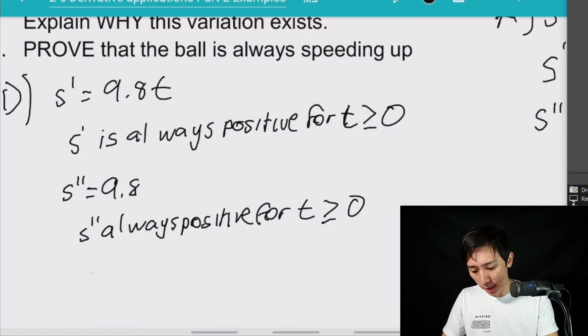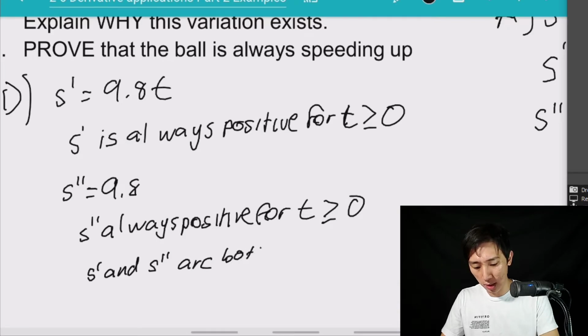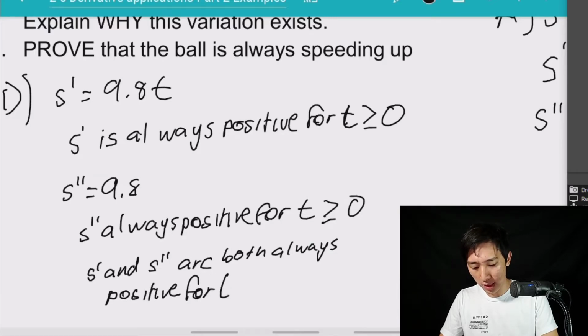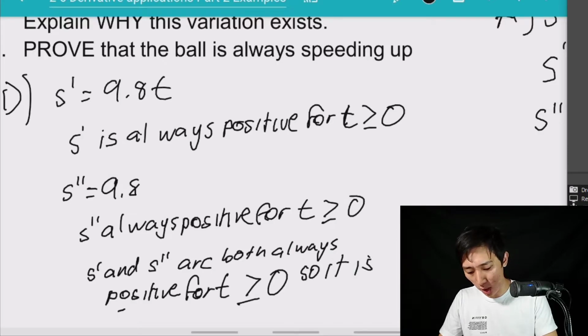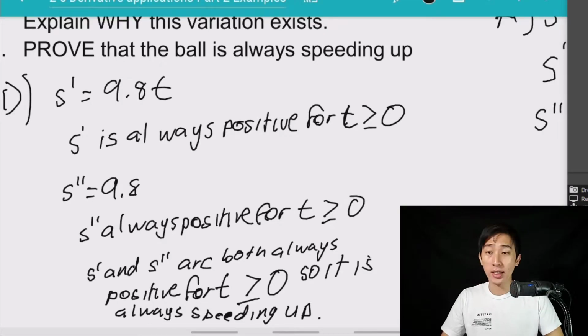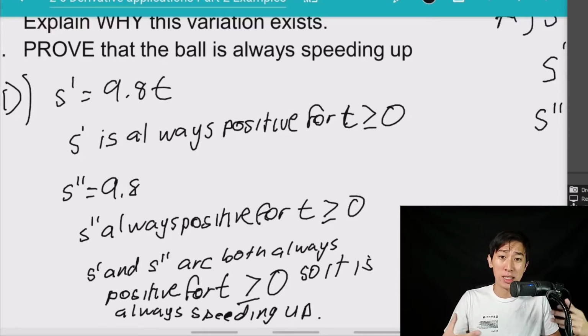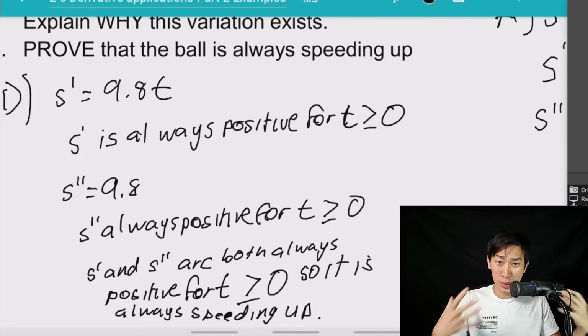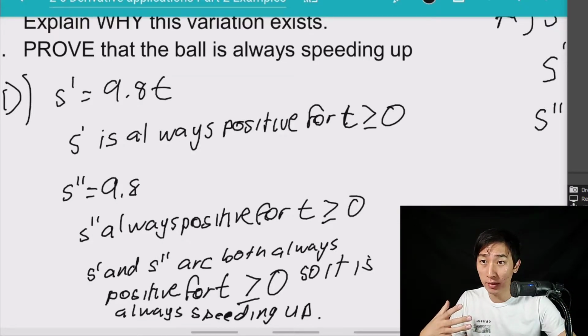So what we can say is S prime and S double prime are both always positive for t greater than or equal to 0. So it is always speeding up. And just as a reminder, speeding up basically means that my speed and my acceleration are both either positive or both either negative.